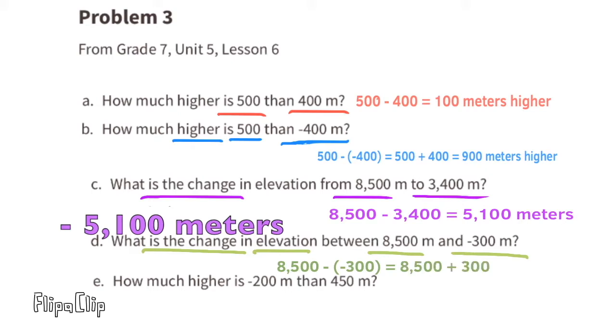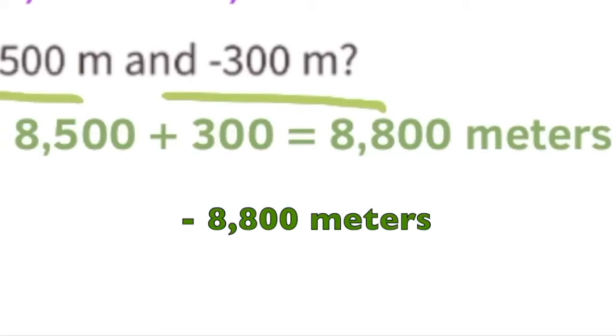The opposite of negative 300 is positive 300. So we can rewrite this as 8,500 plus 300, which equals 8,800 meters. So the change in elevation between 8,500 meters and negative 300 meters is a negative or a minus 8,800 meters.